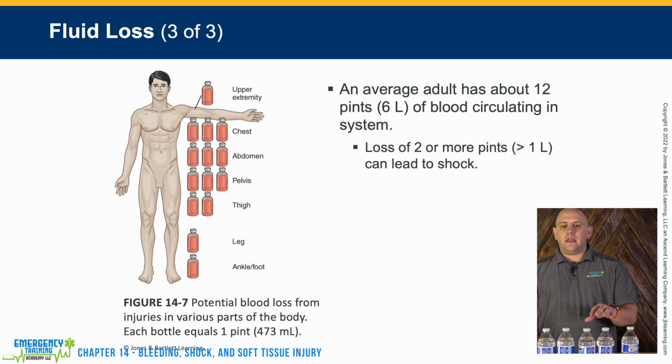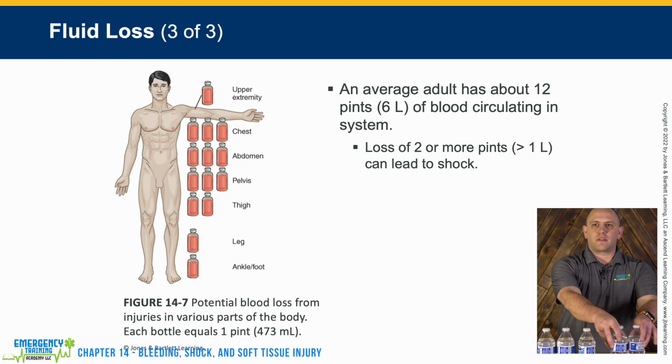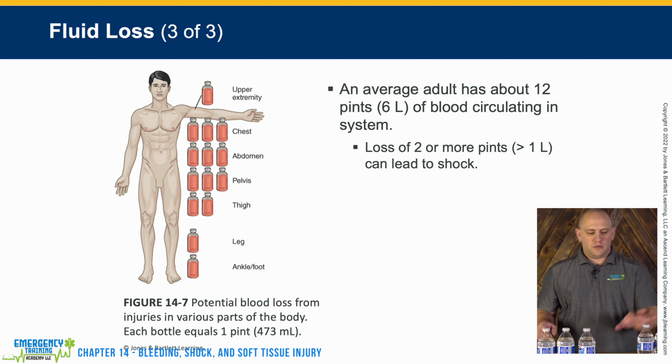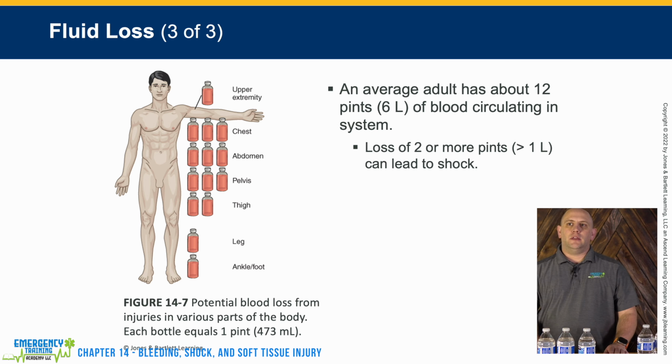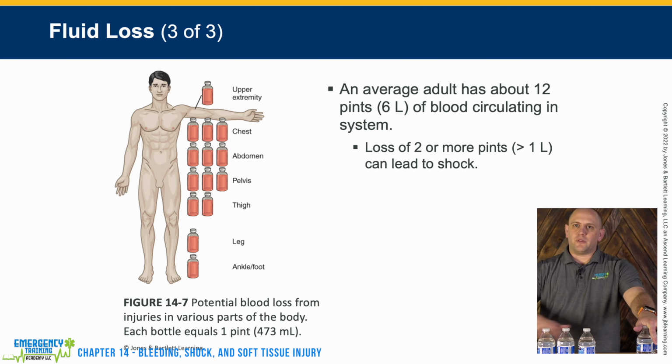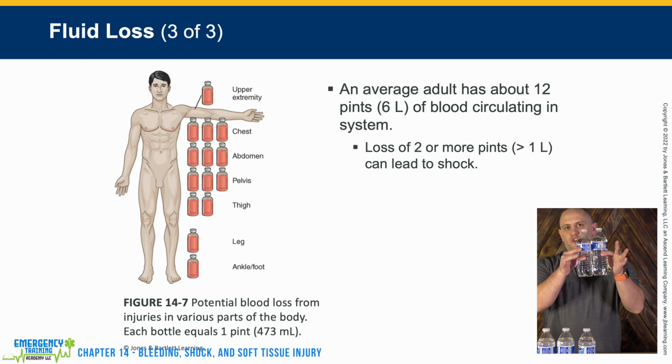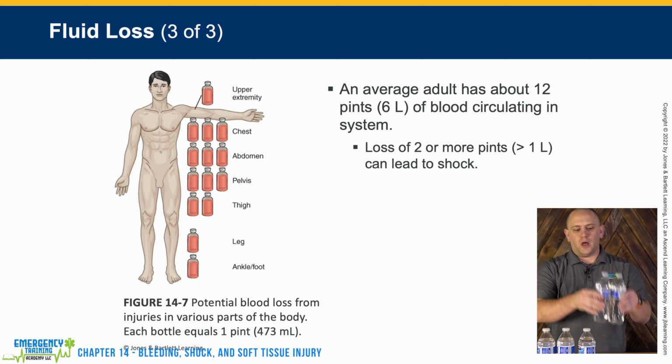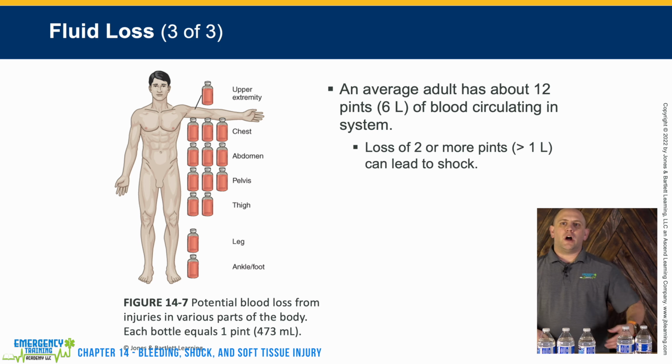And at any point that we have lost 1 liter, that can lead to shock in our patients. So that's not a whole lot when you think about the overall circulating blood volume in our patients, to think that 2 of these bottles worth of blood could lead them to shock, and if not treated, eventually to death.